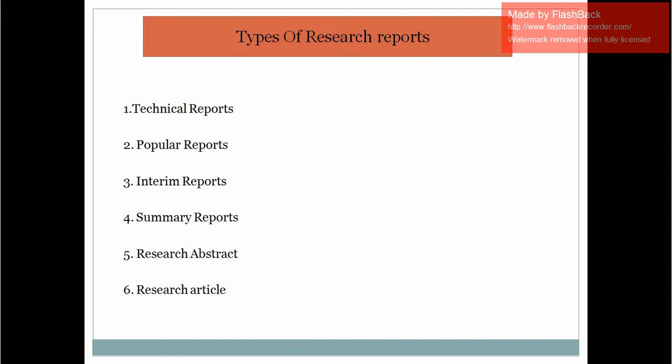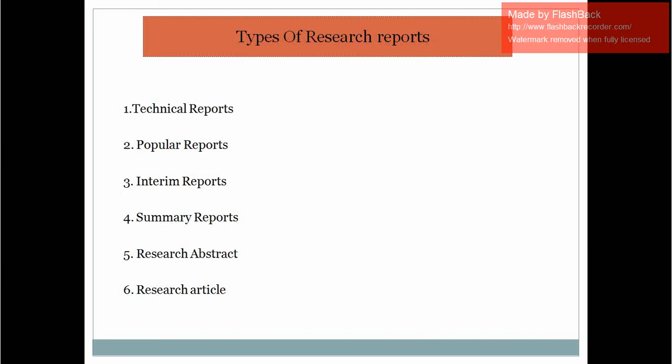In the first report we discussed in detail the procedure followed by a researcher in his research process. When we make that technical report concise or precise, it can be called a research abstract. A research abstract is a short summary of the technical report. It is usually prepared by doctoral students.